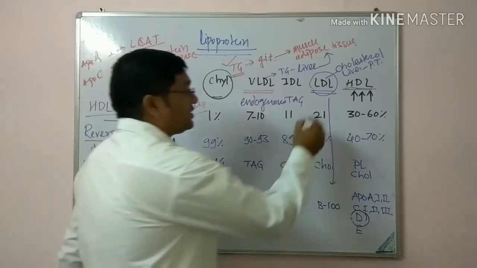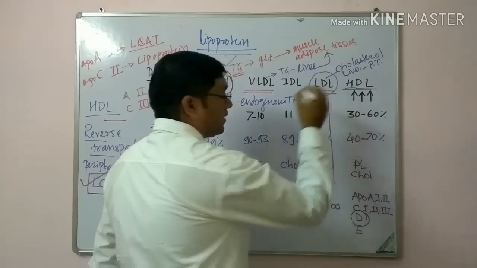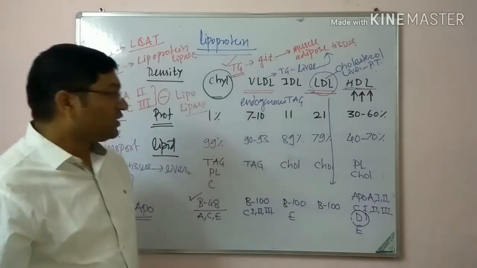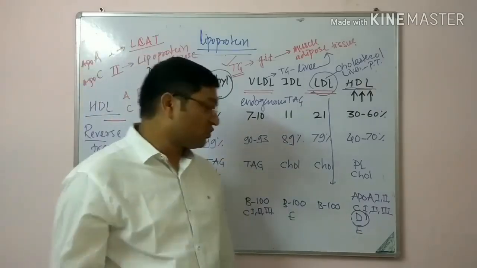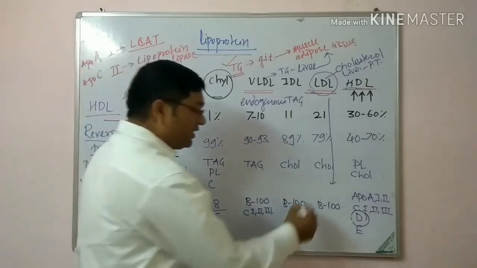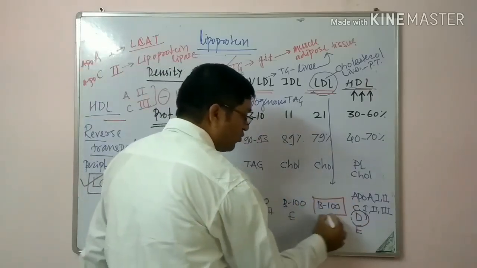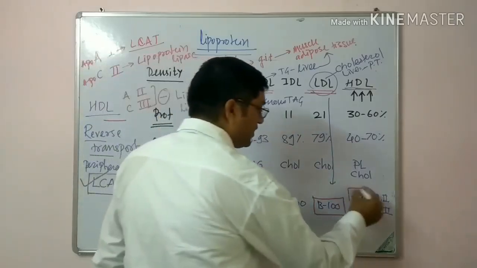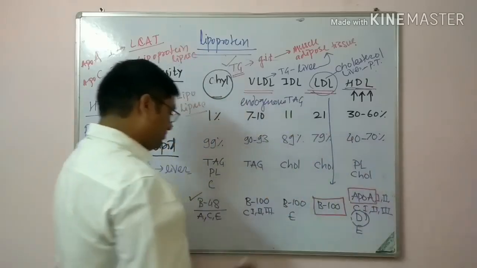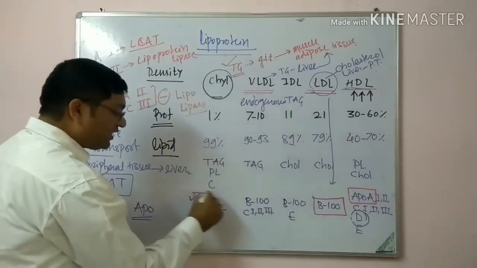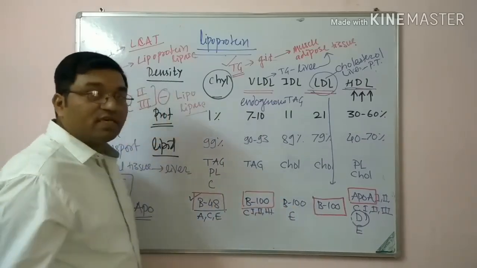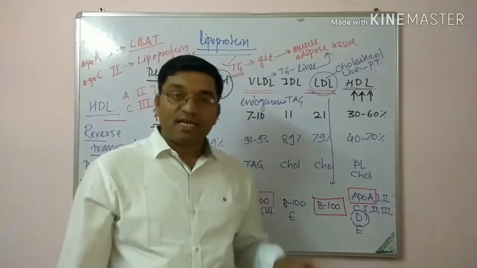Then LDL is responsible for moving cholesterol from liver to the peripheral tissue and for deposition and atherosclerosis. B100 is the major apoprotein in LDL, while ApoA is the major apoprotein in HDL. B48 and B100 are an example of RNA editing.